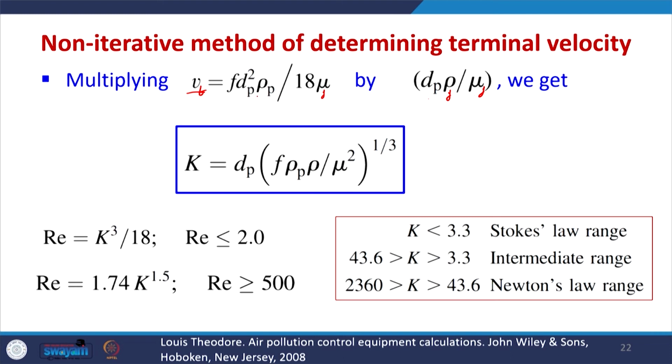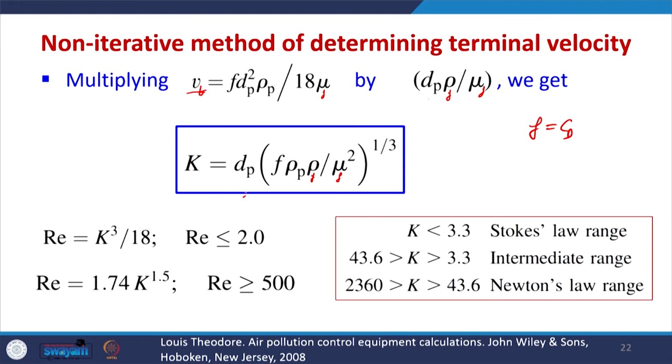Wherever P is not written, that is for fluid. Now, if we multiply it by this, this expression will be obtained, dP will be here. F will be there, the F is same as drag coefficient, sorry. So, this is there, and then we have rho P and rho of the fluid and nu F of the fluid. So, if we multiply together, this expression can be obtained, which is the K that we take.